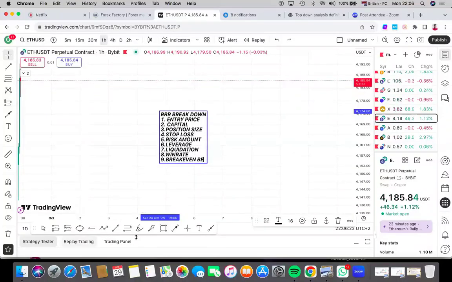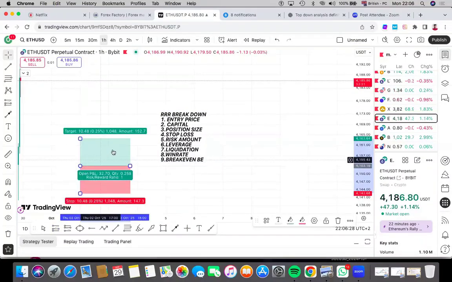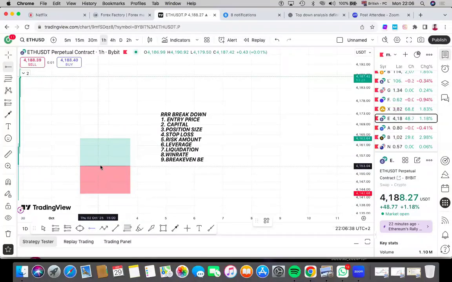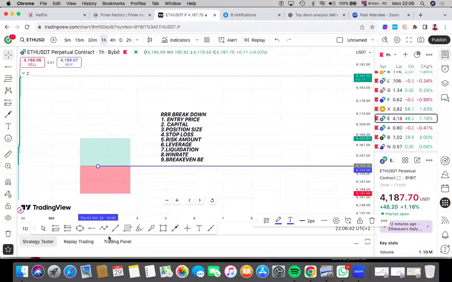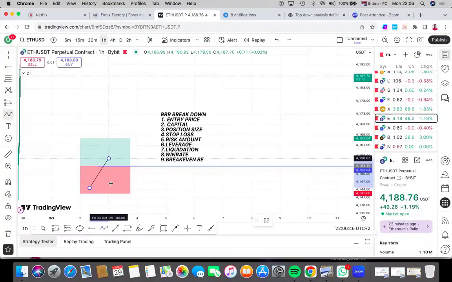So for example, I'll give you a practical example of it. I have my position size here, and my entry price was around here, which is where I got into the trade, and the market now is going my way, like this.